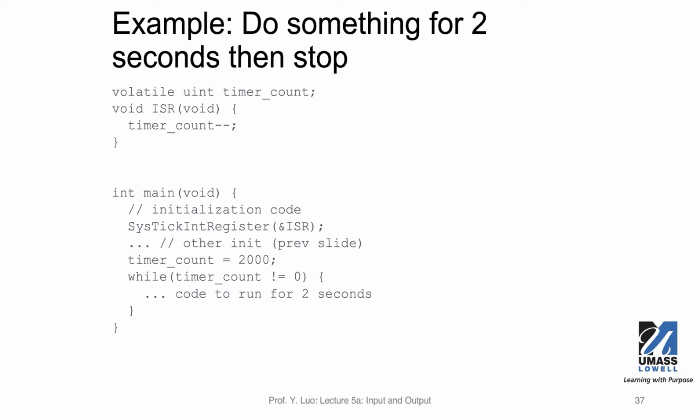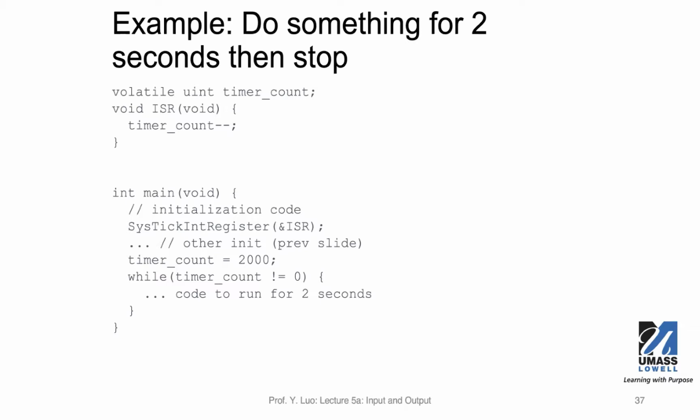You can see this is the case I was talking about, where the ISR interacts with the main function using a shared variable. So what is the shared variable here? Oh, I don't hear any volunteers. Timer count. Yes, so timer count is the shared variable.